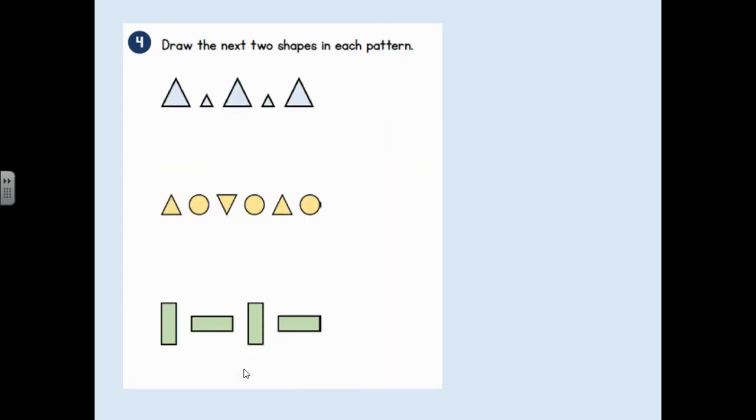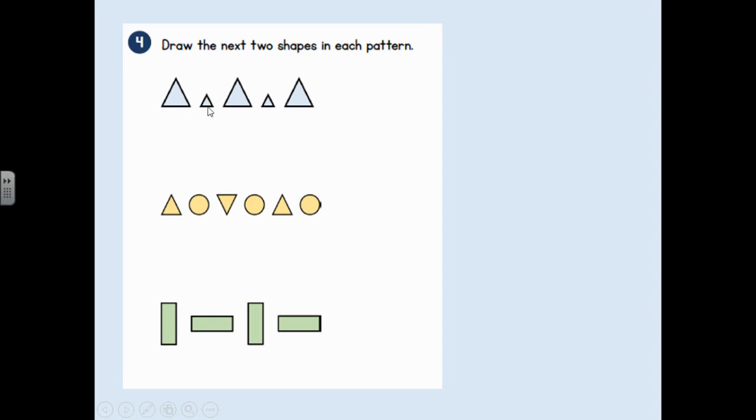Question number 4. Now this is the last question. What you need to do is draw the next 2 shapes in each pattern. I'm going to say the pattern out loud so you know what 2 shapes to put in next for each pattern.